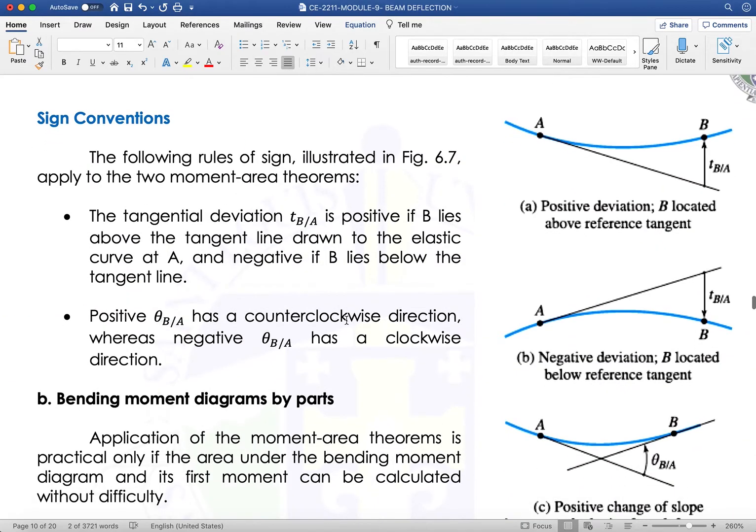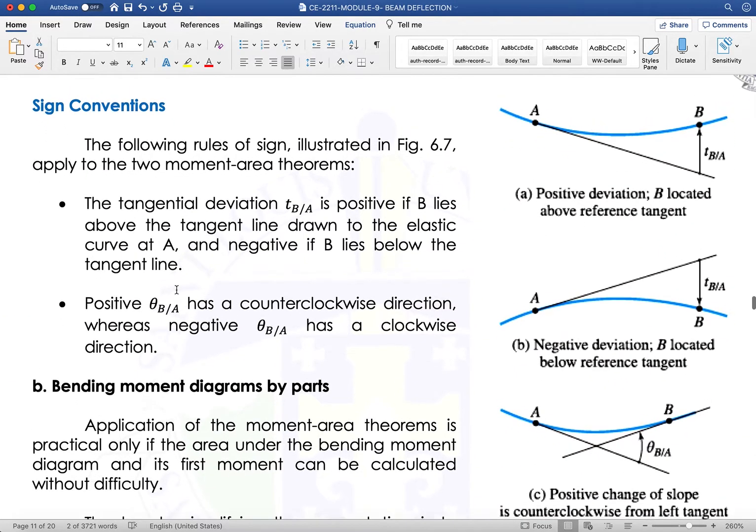Okay, so signs and conventions. Following the rules of sign illustrated in figure 6.7, apply to the two moment area theorems. The tangential deviation of B with respect to A is positive if B lies above the tangent line. Okay, so this is my tangent line. B is above the tangent line, therefore it is positive.